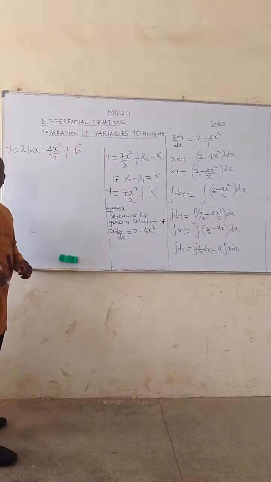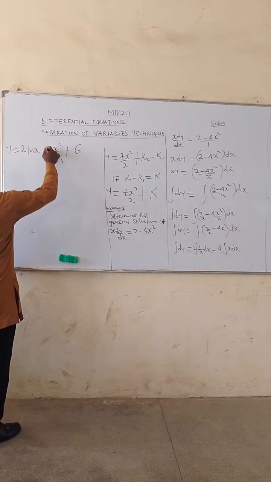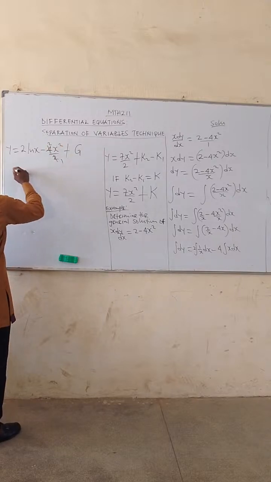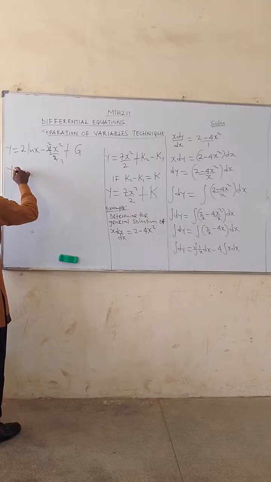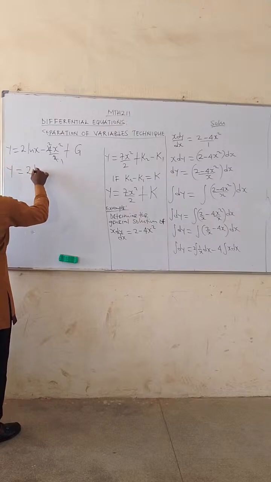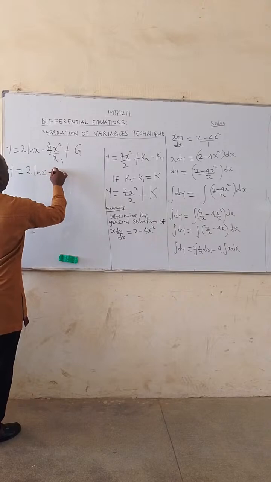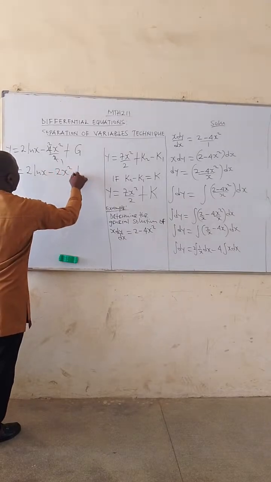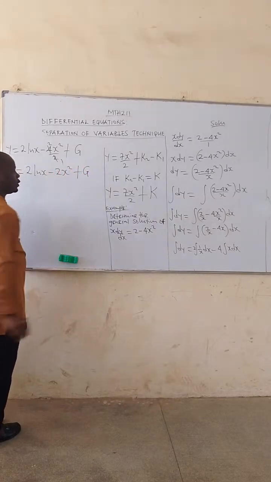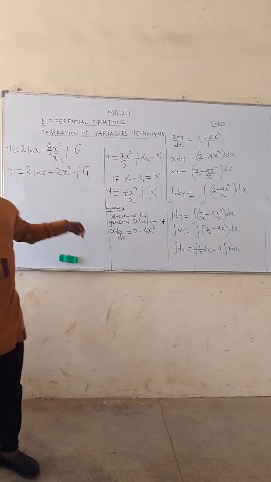True or false? Then this 2 cancels this 2, so y is equal to 2 ln x minus 2x squared plus g. This is the general solution.